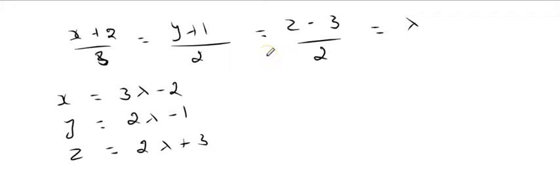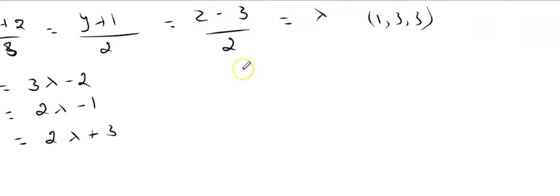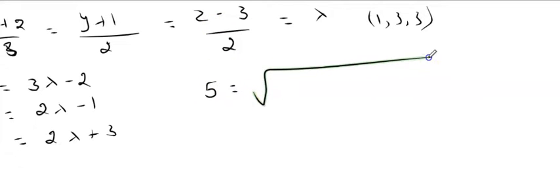Now he has said that it is at a distance of 5 units from the point (1, 3, 3). Now we can use the distance formula. So I can rewrite it as 5 is equal to root over (3 lambda minus 2 minus 1) the whole square. That is x2 minus x1 the whole square.